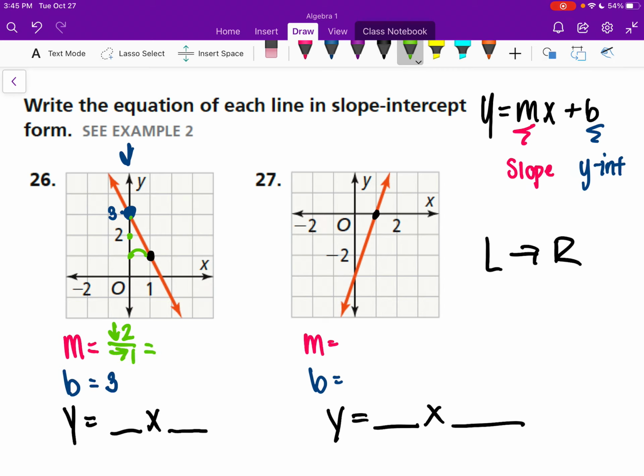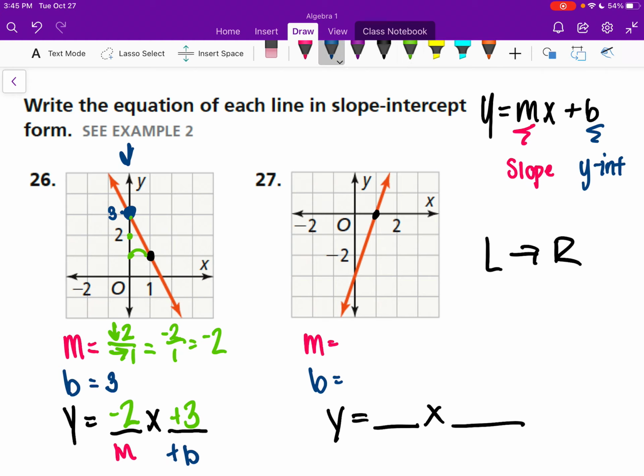If we go down 2, we represent that as negative, so that's negative 2 divided by 1, which is negative 2. So if we were to fill this in, our y equals mx plus b, and I fill that in, that's y equals negative 2x plus 3. There's my equation.